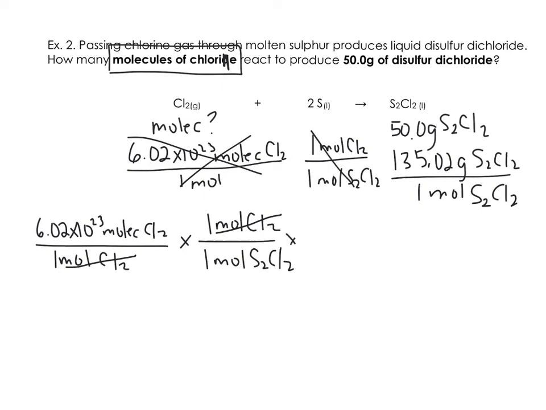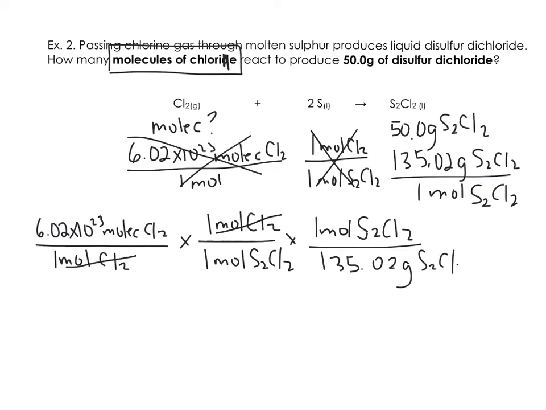Now we need to get rid of moles of disulfur dichloride. We have 2 values left, and one of them has moles of S2Cl2 in it, and that is the molar mass. However, we need moles on top, so we have to invert this, flip it over. So 1 mole of S2Cl2 on top, 135.02 grams on the bottom.